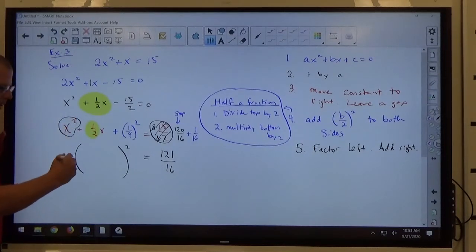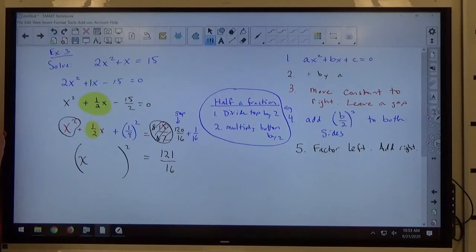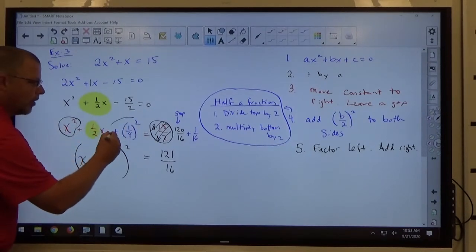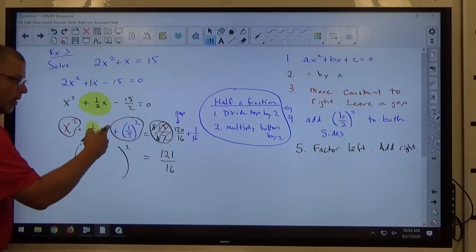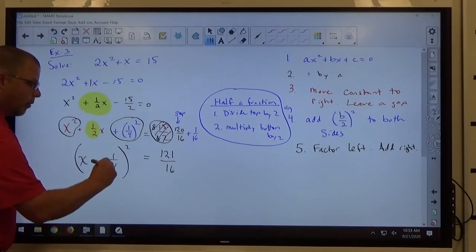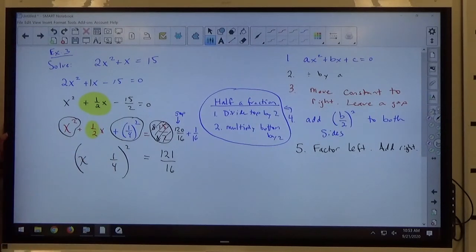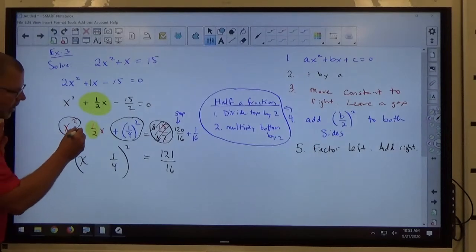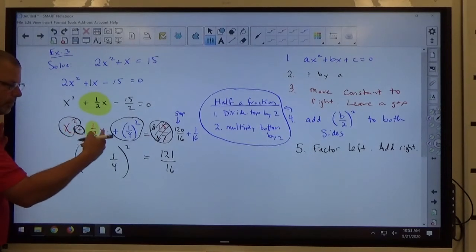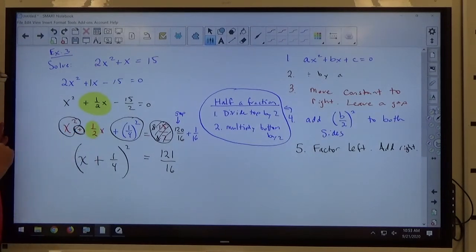If something's squared, its square root is just the thing without the square. X squared, square root is x. This is also, in this case, the way I wrote it, something squared. Square root of 1/4 squared is 1/4. So again, as far as factoring is concerned, that structure is much easier to work with than 1/16. That's why writing it that way is helpful. The last thing is whatever this sign is in front of the x term is what goes in between them.